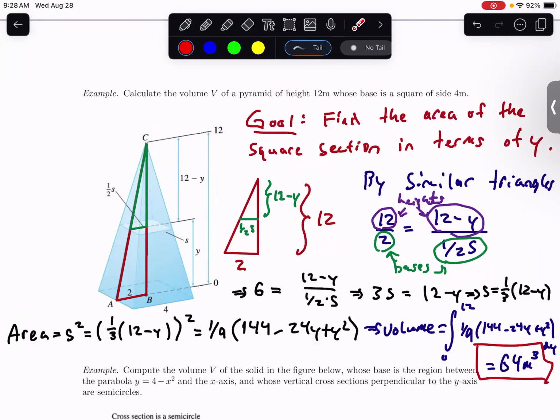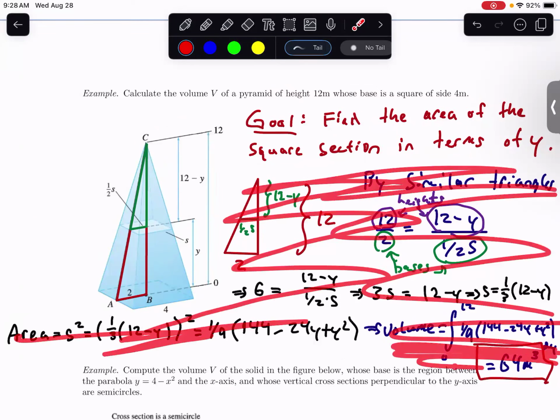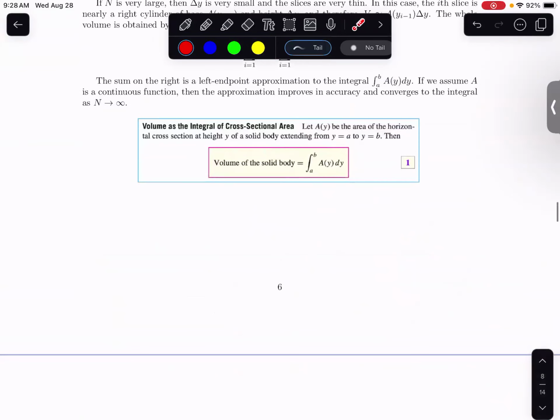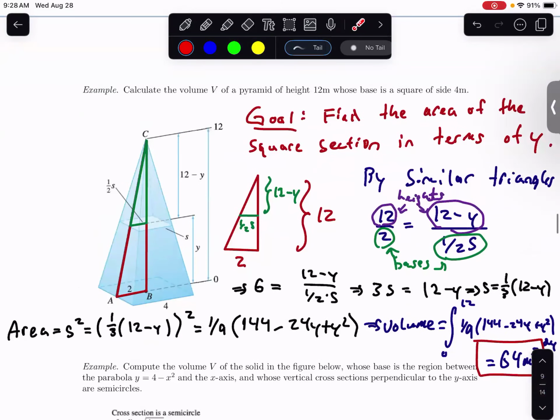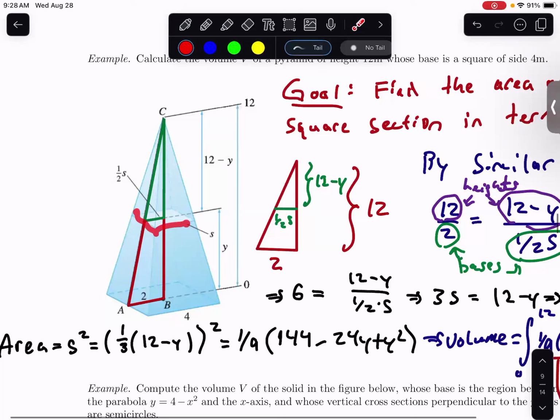Yeah, so the main point for the volume equation is we want to be able to integrate the area of the cross section in terms of the variable y. We already knew what the area of the cross section is in terms of s, so we had the area is equal to s squared.